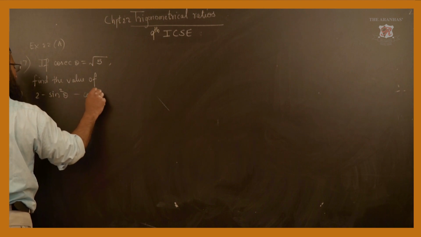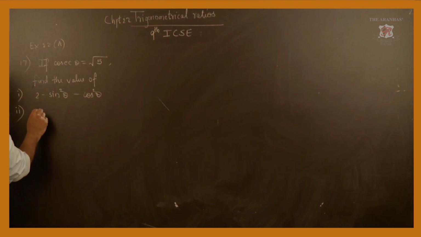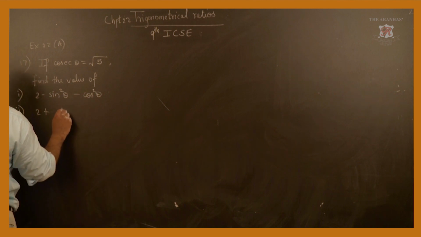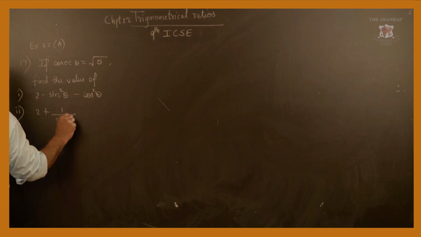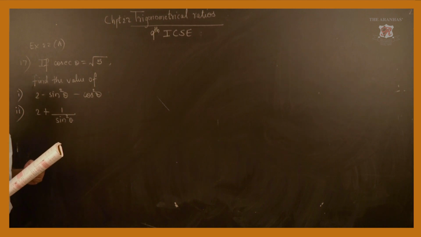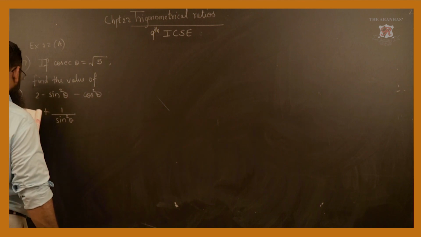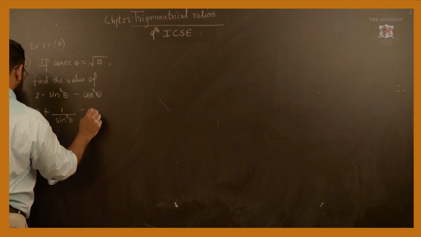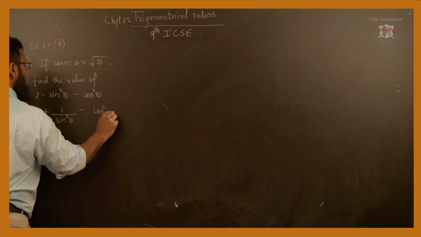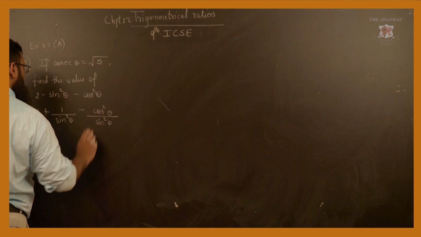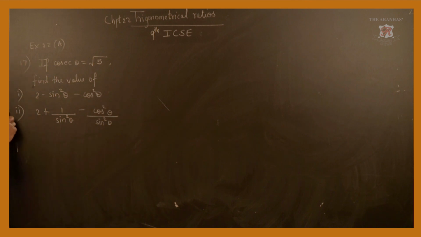Out of that I will solve one for you, the second one will be an assignment: 2 plus sin square theta, 2 plus 1 upon sin square theta minus cos square theta upon sin square theta. So, this you can take it as a home assignment. I will solve the first one for you.